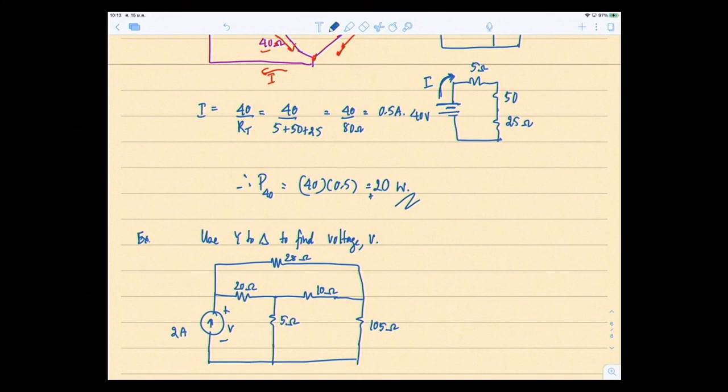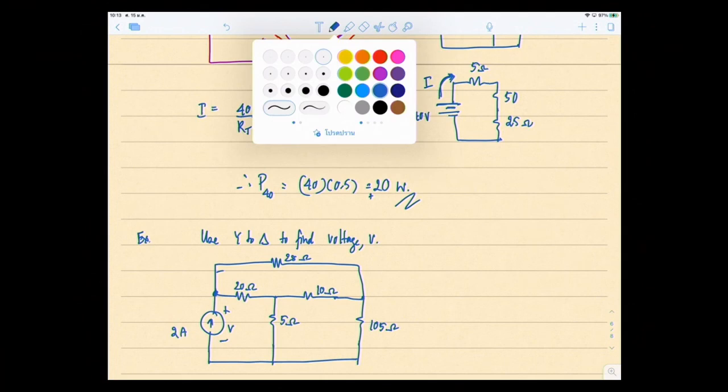This circuit you may find later on in several problems, the one where you have a resistor that, instead of just being parallel to the 20, is parallel to this node and this node right here. Later on you will find another technique that may be easier to do.